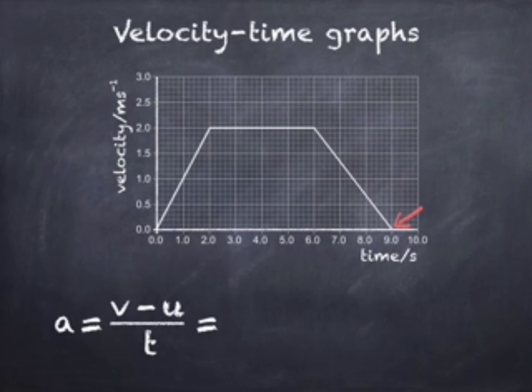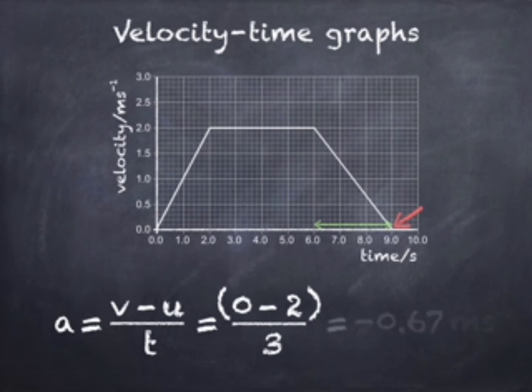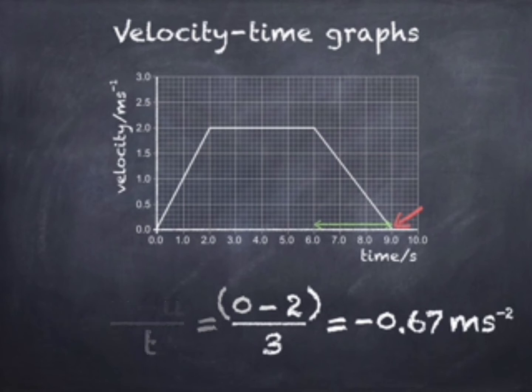When we substitute these values into the formula, we'll get (0 - 2)/3, which gives us a negative 0.67 meters per second squared, or 0.67 meters per second squared deceleration.